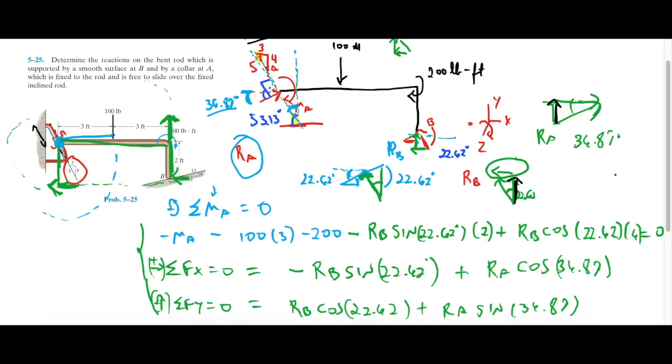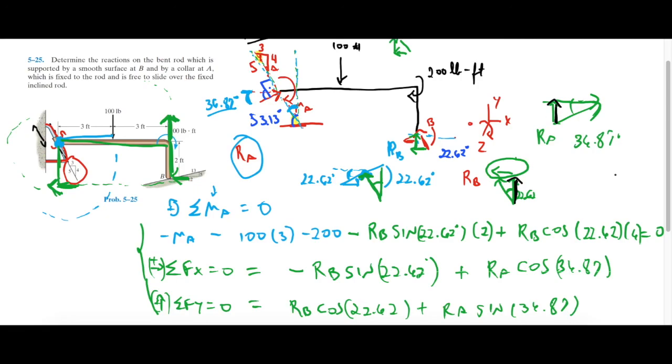Negative sine, which by the way is one of the easiest ways to solve those simultaneous equations, if you're allowed in your class. 0 moment equals 0. And then we have RA sine 36.87, and the other one is cosine 22.62. 0 moment, 0, 0. Solve. Let's see if we get the right answer.